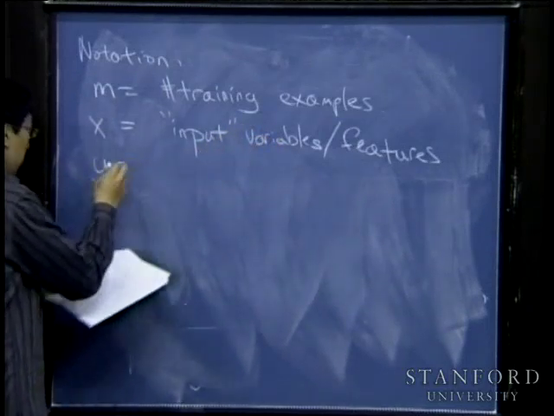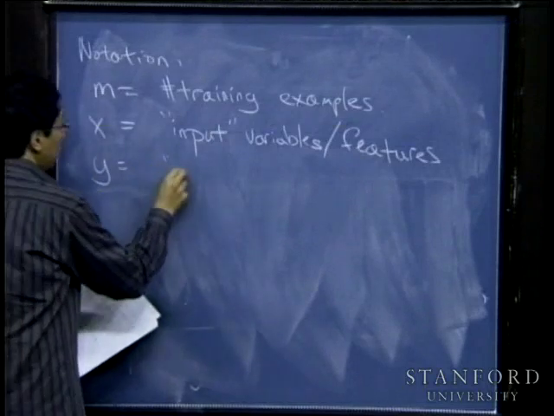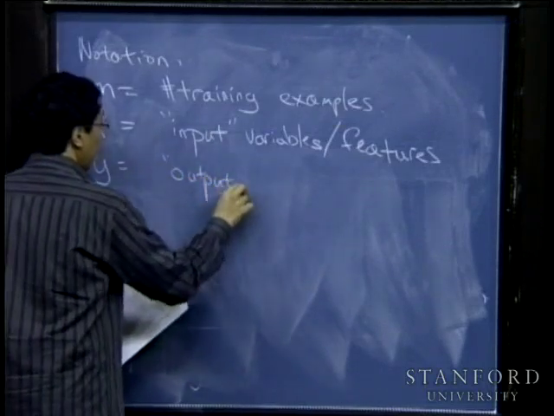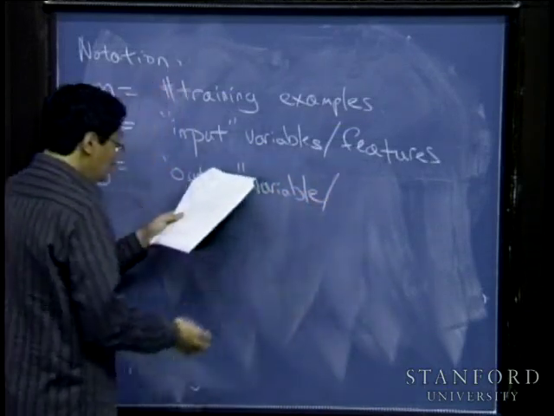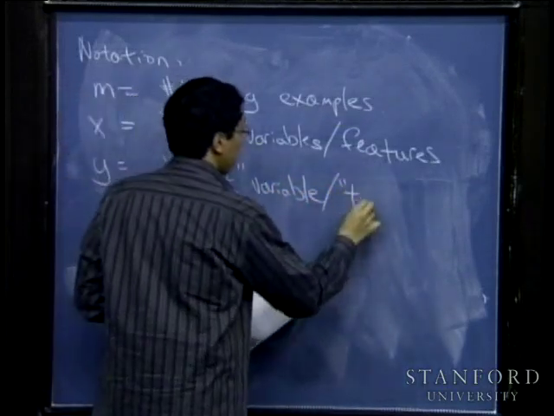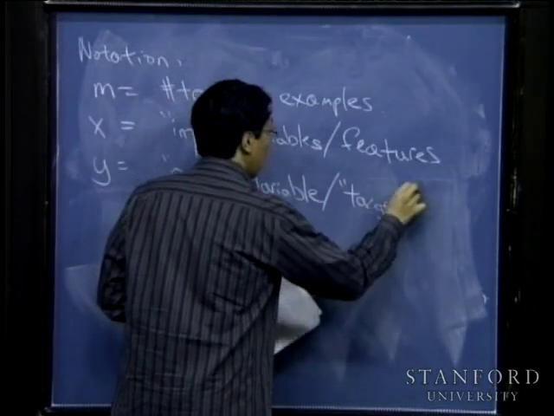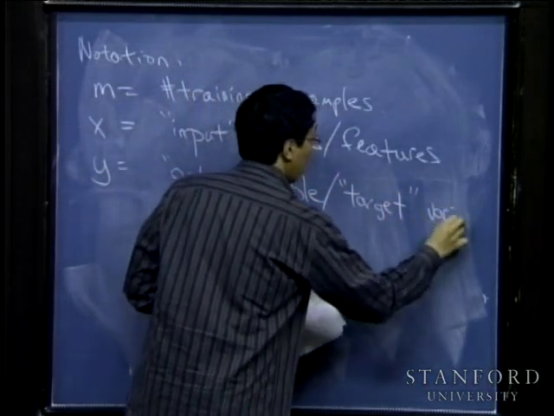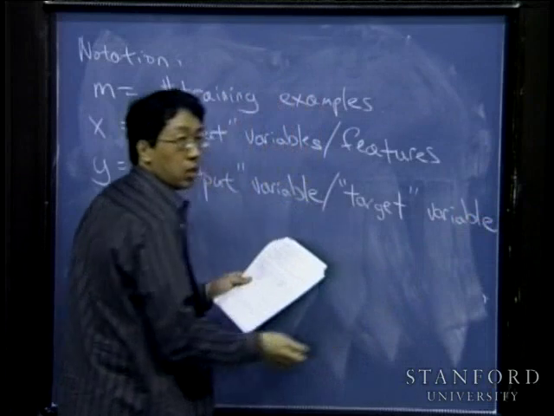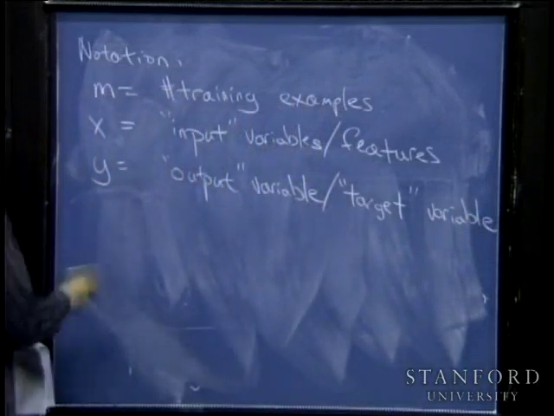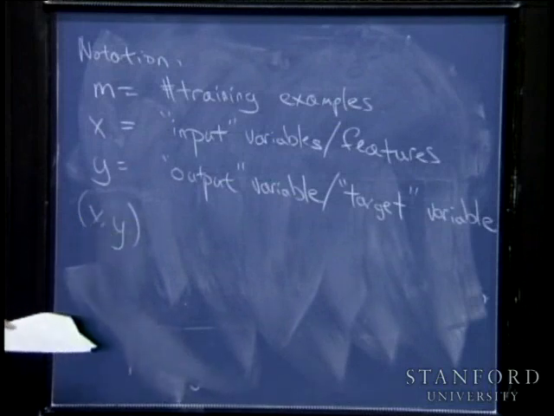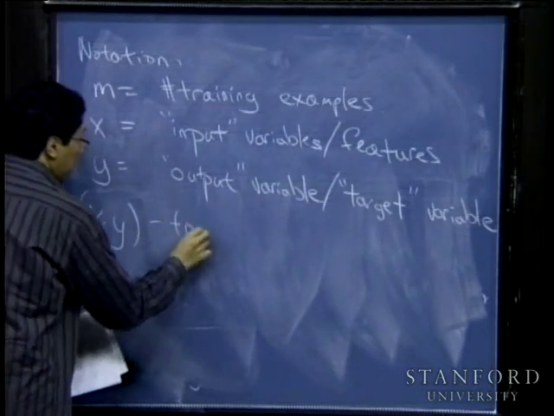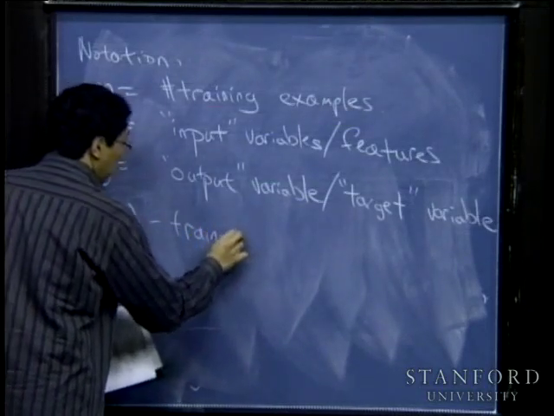I'm going to use y to denote the output variable, which is sometimes also called the target variable. And so one pair (x, y) is what comprises one training example.